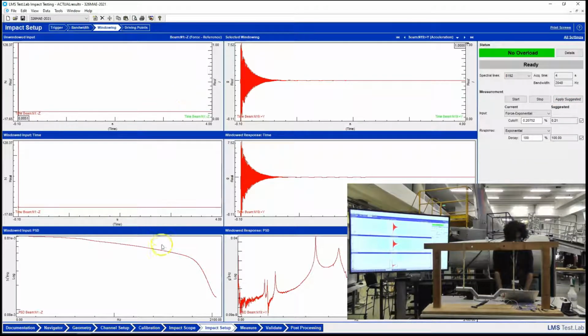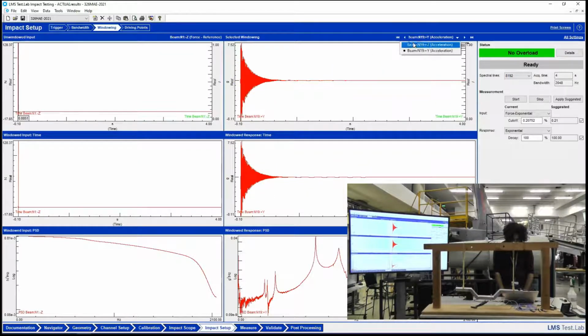So the left hand side is the hammer. This is before and this is after windowing, and this is the result. It's quite nice. And again, this is the result before and after windowing of the accelerometer.